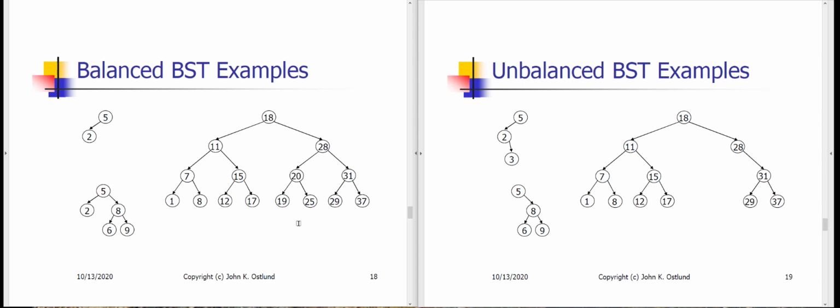And a complete tree is a tree where all of the nodes are filled in at every level, with possibly just a few nodes missing in the right-hand side of a tree. So if I get rid of these nodes 29 and 37 over here, it would still qualify as a complete tree because there's 1 node at the top level, 2 nodes at the second level, 4 nodes at the third level, and the only missing nodes are down here at the 4th level. And those missing nodes are at the right edge.